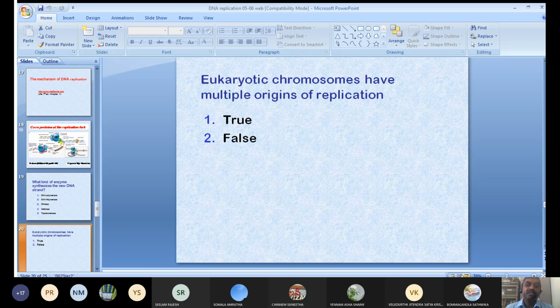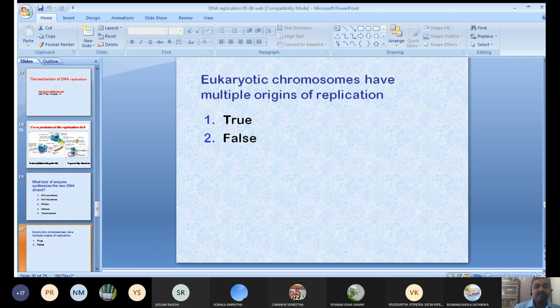So what will happen with the eukaryotic chromosomes? Do they have multiple origins of replication? Is it true or false? Anybody can guess. You may guess, juniors. You tell me.